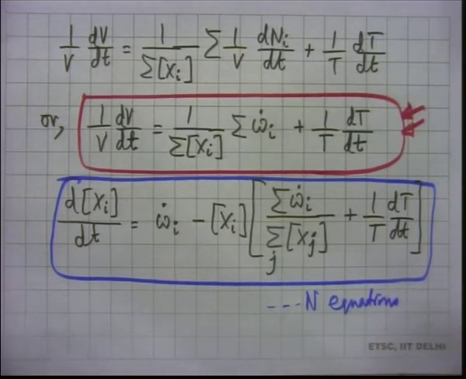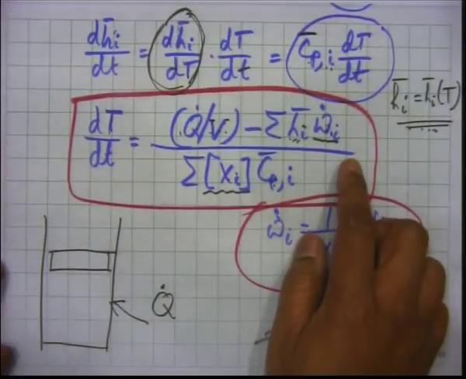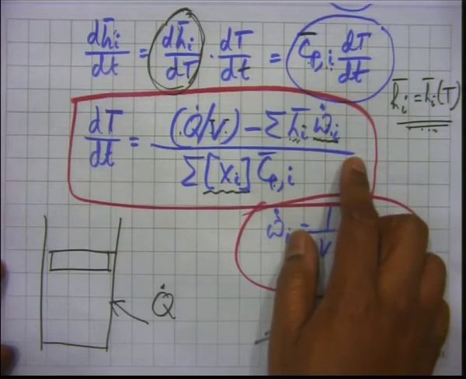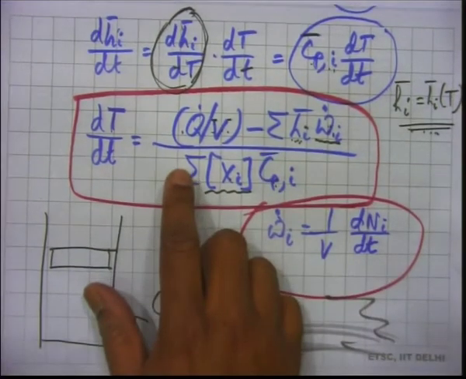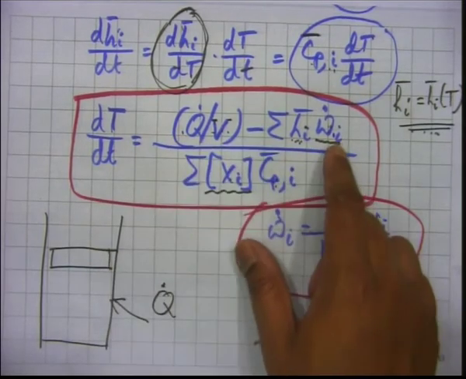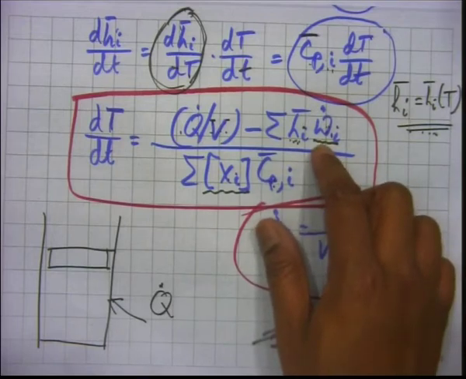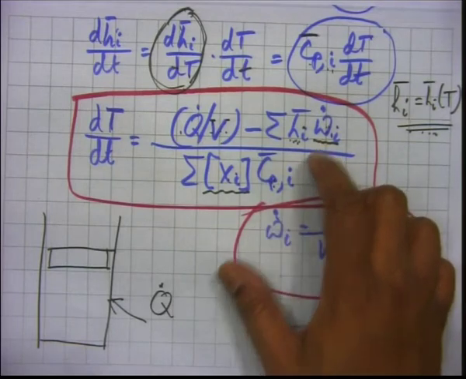We had the energy equation some time back. In fact, the energy equation is what we got yesterday. So, this is one equation. We analyzed it and understood that it depends on the heat loss, the concentrations of species, and individual reaction rates, plus very importantly it depends on temperature.